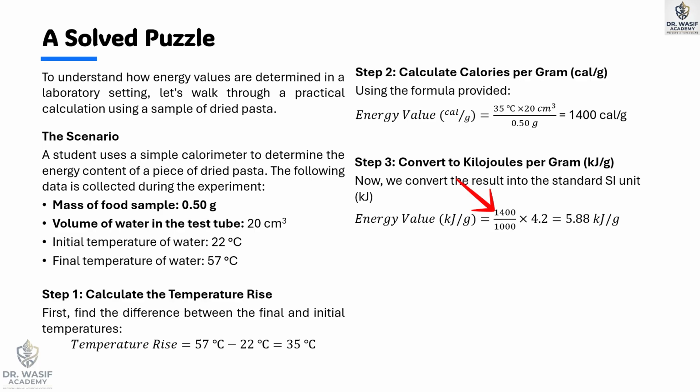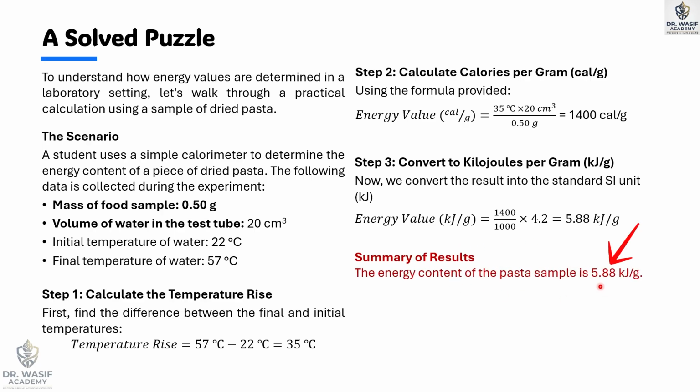But then we multiply by our standard conversion factor of 4.2 to convert those calories directly into joules. It means 1400 divided by 1000 multiplied by 4.2, and this is your final scientific result. The energy content of this pasta sample is 5.88 kilojoules per gram. Okay, that is your result.